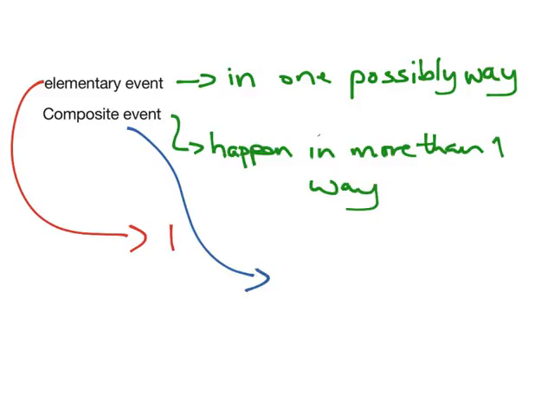But if I say to you, get an even number, how many ways can you get an even number when rolling a dice? 3 ways. It can be 2, 4, or 6. So in that case, a composite event, there are more than one way of finding it. Elementary, only one.